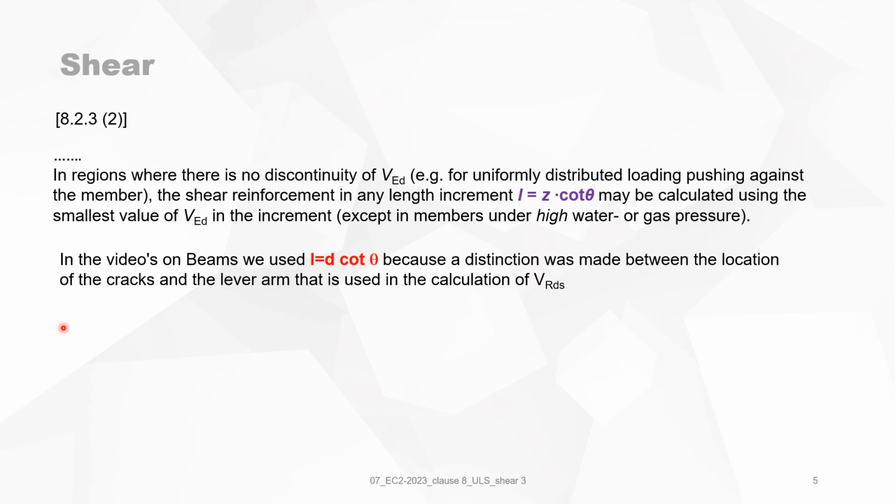In regions where there is no discontinuity of V_Ed, which is the shear force, for instance for uniformly distributed loading pushing against a member, the shear reinforcement in any length increment equal to z cotangent theta may be calculated using the smallest value of the shear force in the increment, except in members under high water or gas pressure.